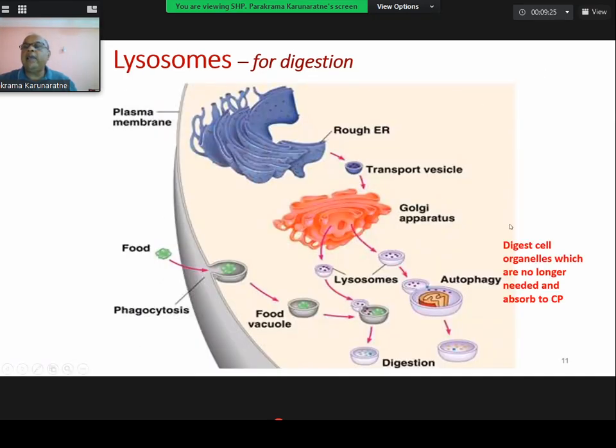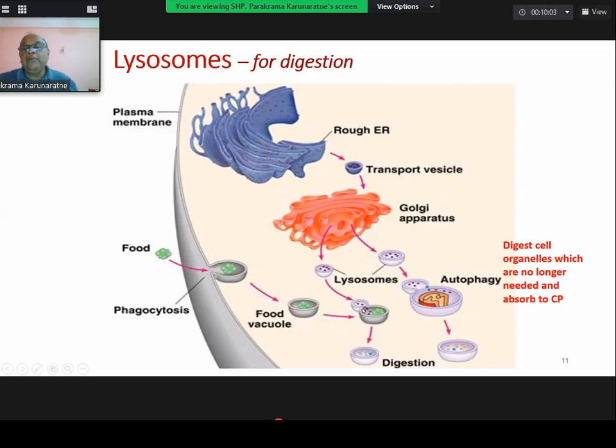Next is this one. I have given you this diagram. Again, I'm repeating the same thing because I'm telling you again and again. Ribosomes produce proteins. These proteins come in vesicles to the Golgi bodies. Golgi bodies produce lysosomes. So when cells take in food as food vacuoles, the lysosome can join the food vacuole and digest the food.